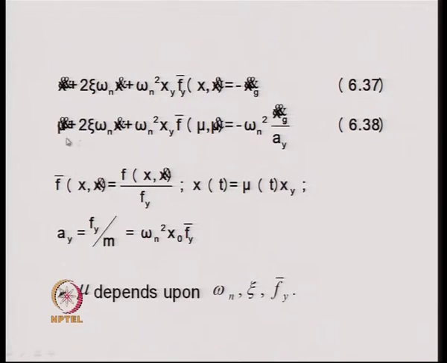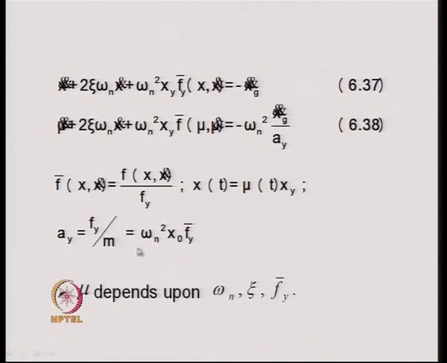So, this becomes mu double dot t plus twice zeta omega n mu dot t plus, the x y term will not be there, omega n square f bar of mu comma mu dot, and is equal to minus omega n square x double dot g by a y.